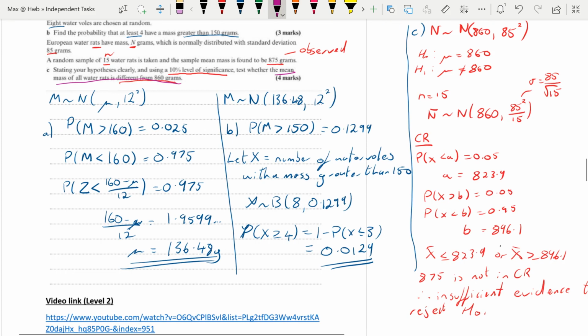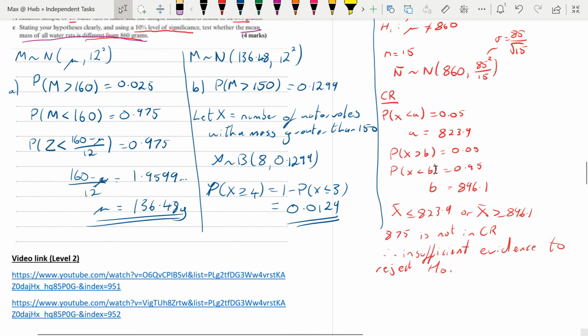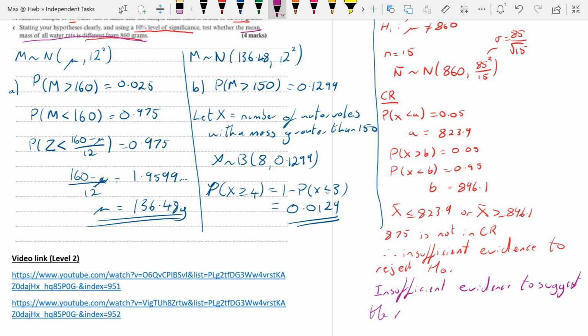So let me write it in a different color: insufficient evidence to suggest the mean mass of rats is different from 860.